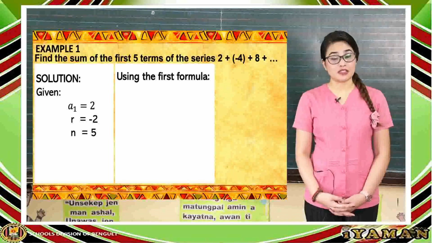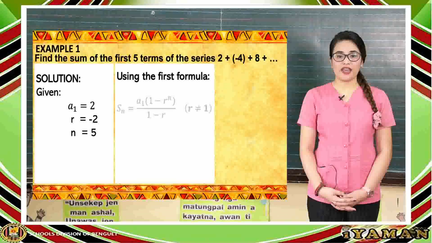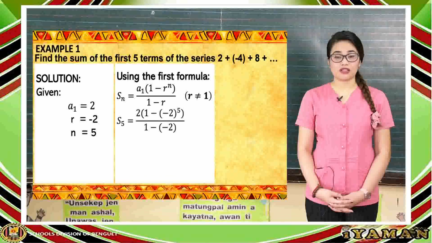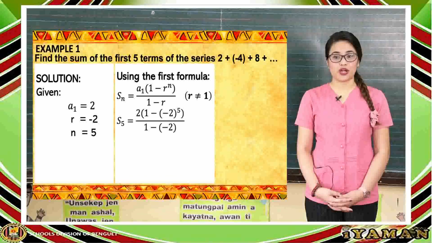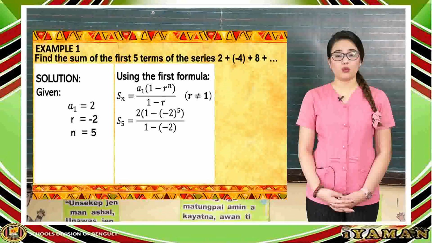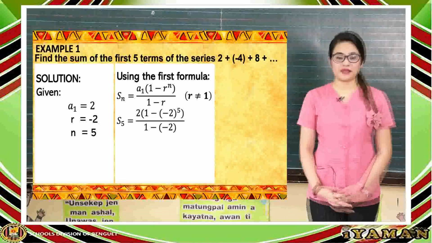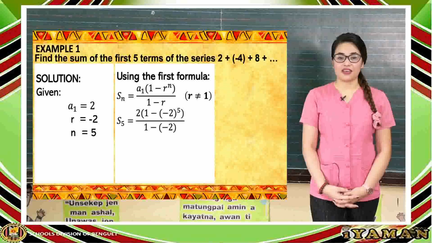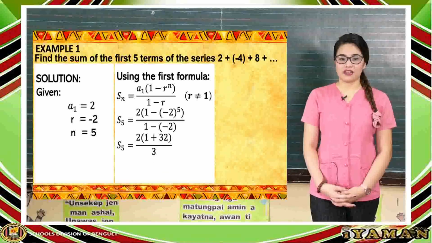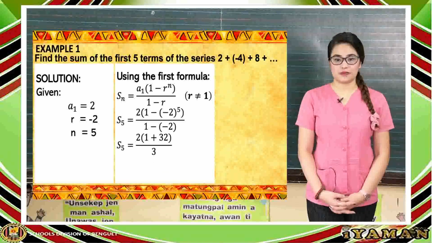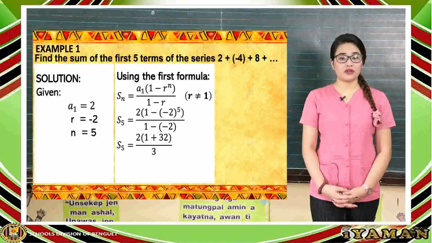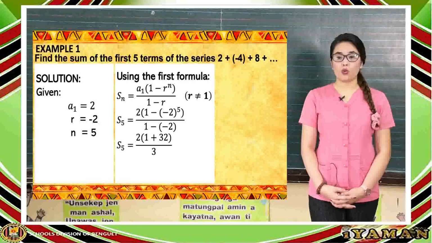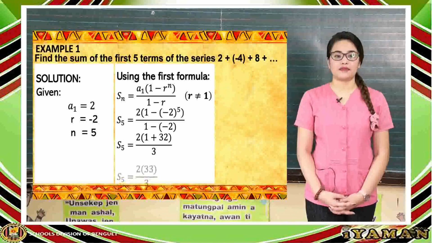Okay, now let's substitute the given. So we have S sub 5 equals 2 times the quantity 1 minus -2 raised to 5 all over 1 minus -2. Let's simplify. -2 raised to 5 is equal to -32. 1 minus -32 gives us 1 plus 32, and that is 33.